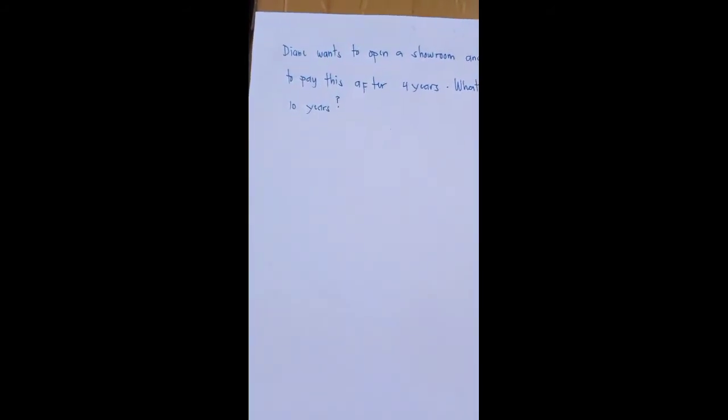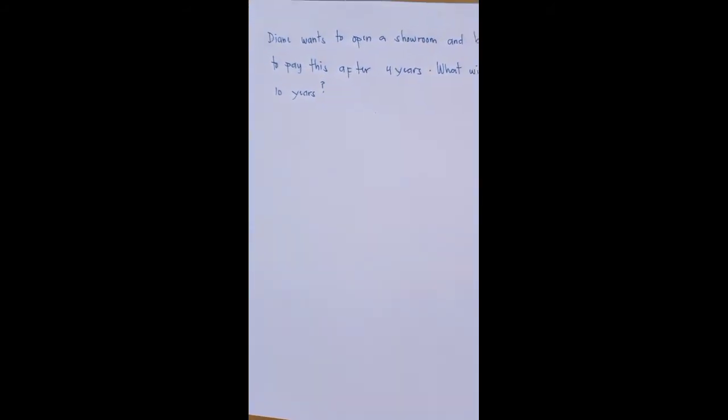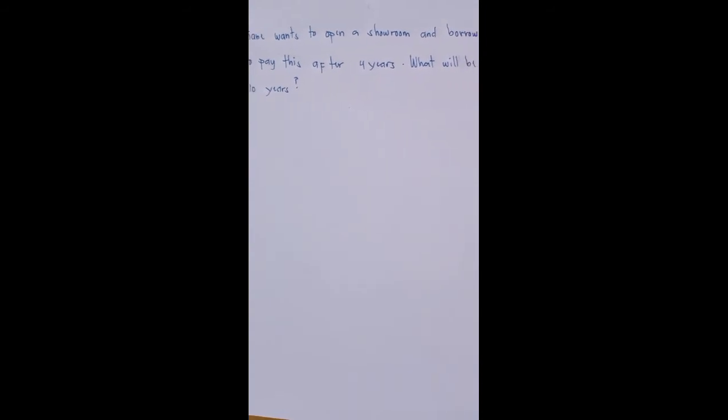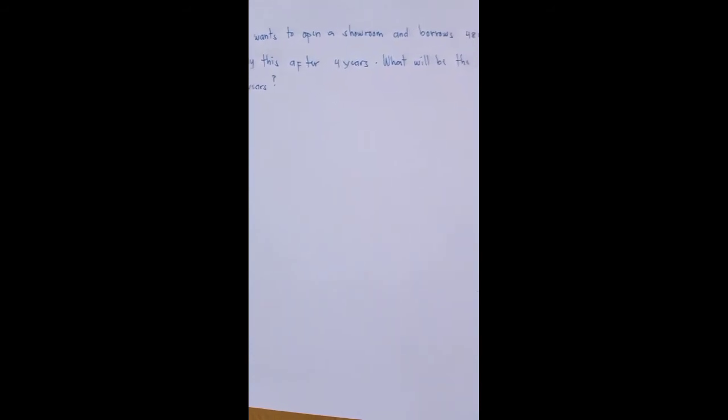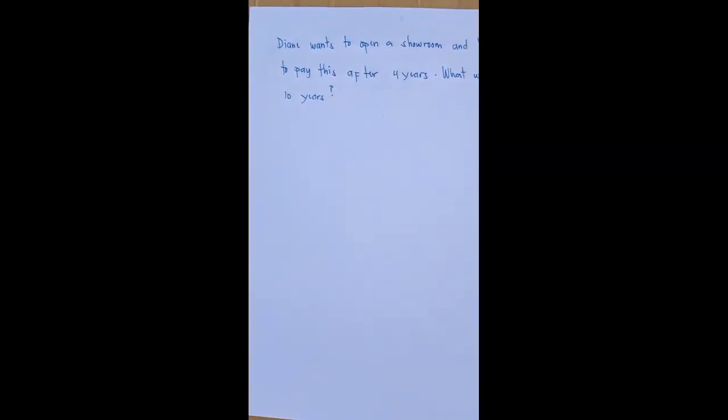Let's have another example. This is example number 3. Diane wants to open a showroom and borrows 48,000 at a 12% interest rate. She plans to pay this after 4 years. What will be the principal plus interest she earned in 10 years? Example number 3, we need to get the interest.